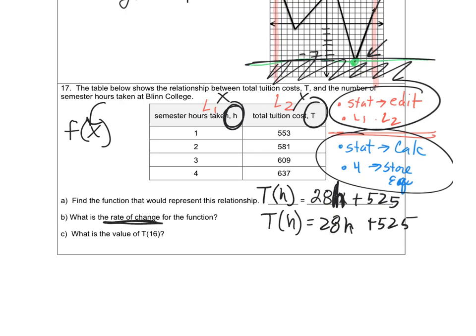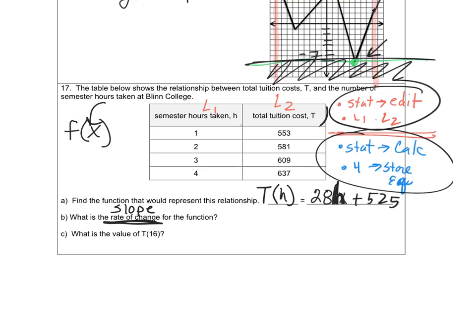What is the rate of change for this function? So when they're asking for the rate of change, they're asking for it in words. Okay? Slope is the rate of change in a real-life context. So let's go back and read the problem to make sure we understand what we're being asked. It says, the table below shows the relationship between the cost of tuition and the number of semester hours taken at Blinn. So I know that the rate of change is the slope.